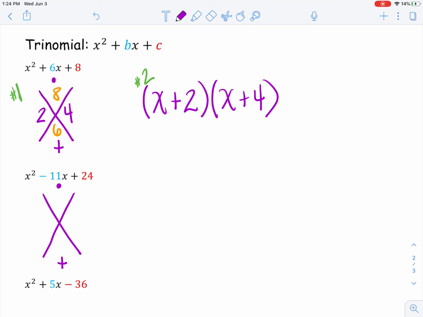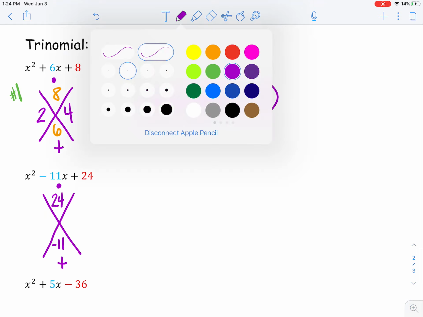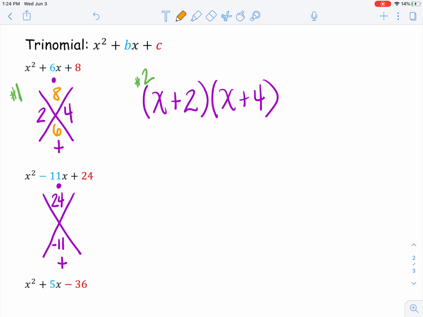Multiply at the top, add at the bottom. I need to multiply to the last number, which is 24, and I need to add to the middle number, which in this case happens to be a negative 11. Okay, so if I need two numbers to multiply and give me a positive, that means they have to have the same sign. Either both numbers are positive or both numbers are negative.